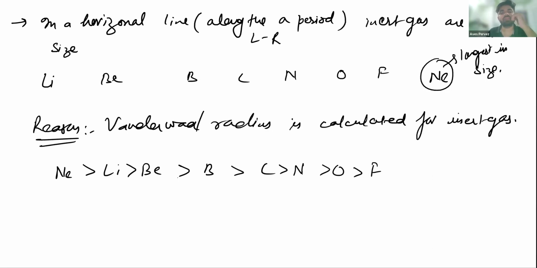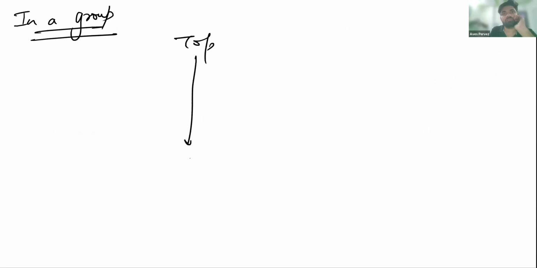Next, if I talk about along a group, from top to bottom, the size of the atom increases as the number of shells increases. But sometimes the inert pair effect plays an important role, where the size of the atoms almost remains the same as we go from top to bottom.